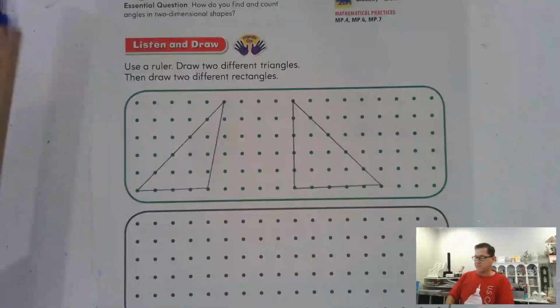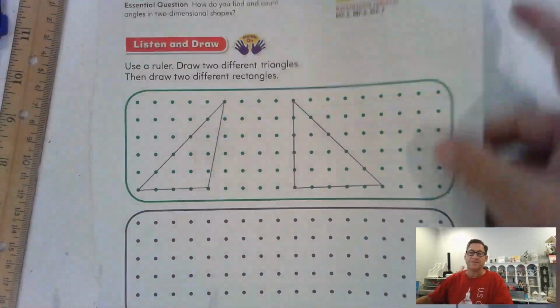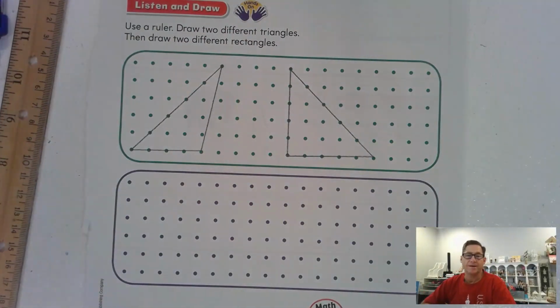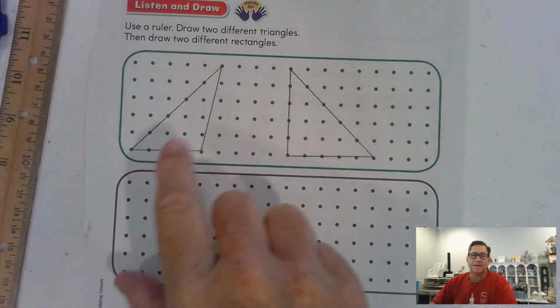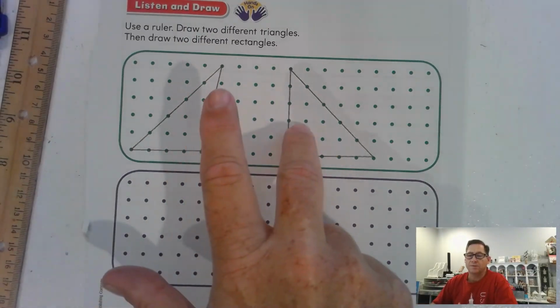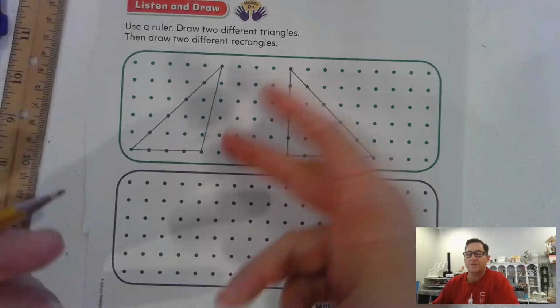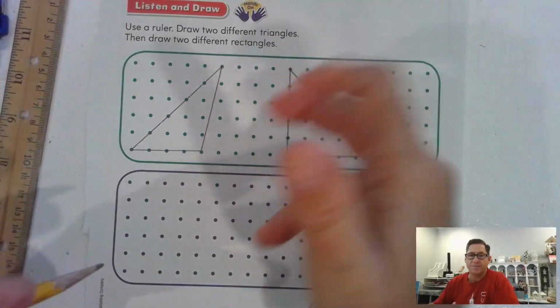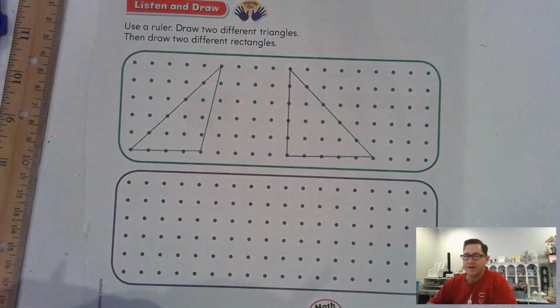Okay. And there's my second one. So it has to be two different triangles. All right. So you might ask yourself, how can two shapes that look different both be triangles? Well, anything with three sides or three vertices is a triangle.